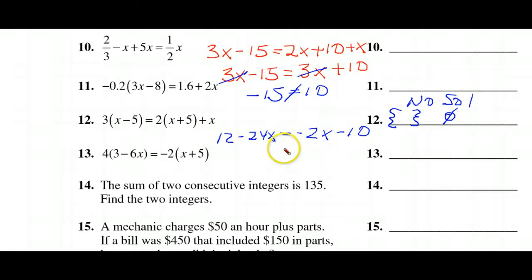Now, to keep my x's positive, I worked a little bit here to show you transposing as needed. And I get x is going to be what here? When I divide both sides by 22, x equals 1.